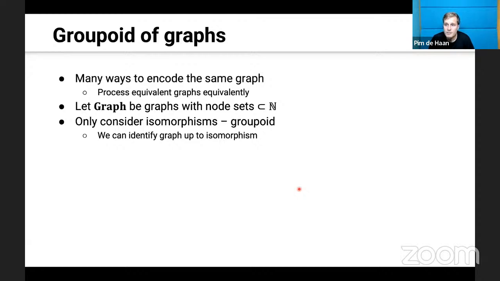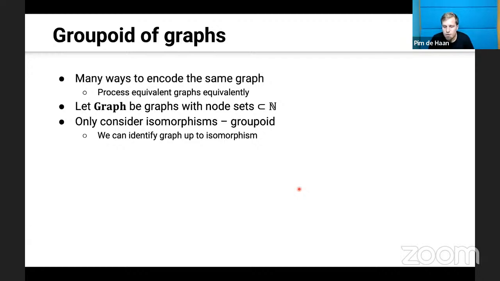An equivalence relationship is like a groupoid whereby any two parallel morphisms are the same, because an equivalence relationship doesn't encode anything other than that objects are equivalent.